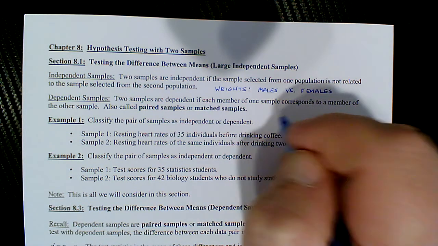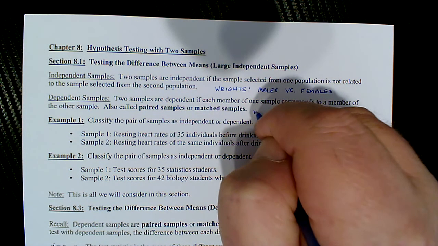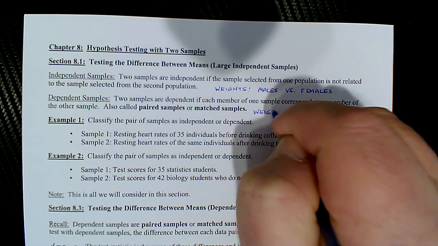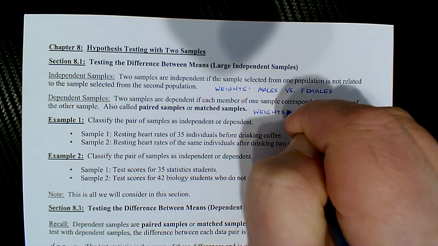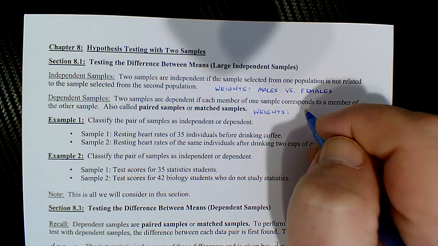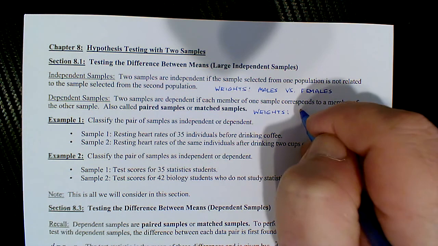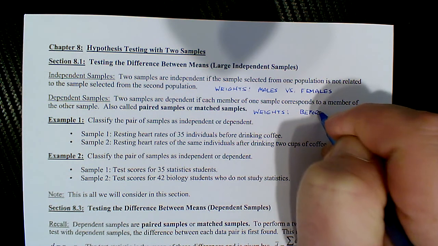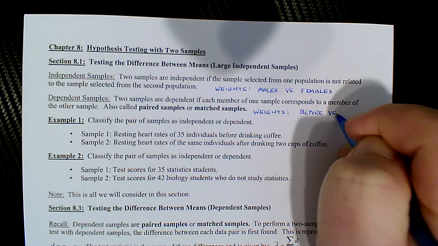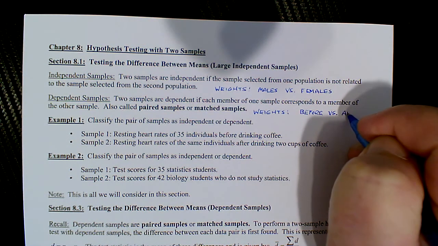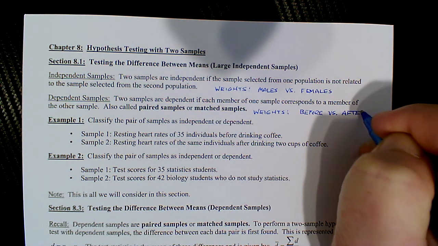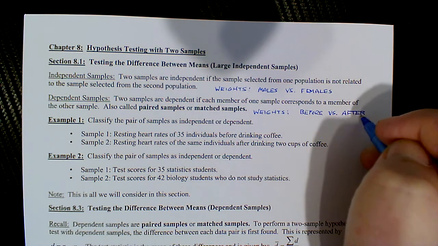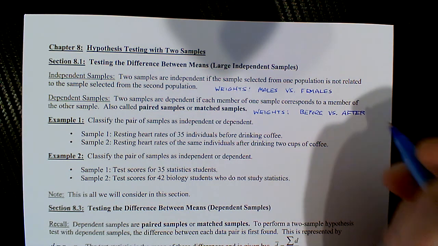And dependent might be an example of weights, let's say, of the same person before and after a maybe diet or exercise regimen.